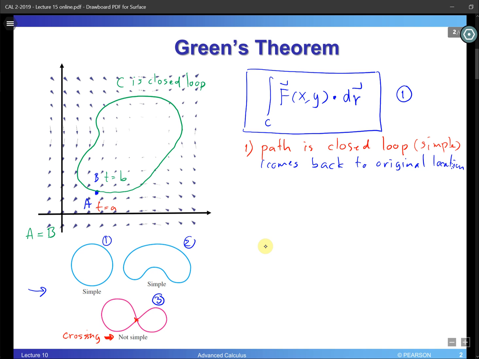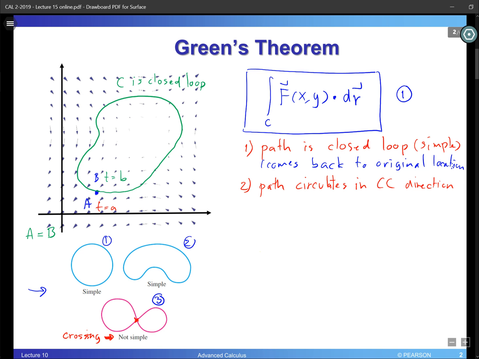Alright, number 2, the condition that we have to meet in order to use Green's theorem is that the path circulates in counterclockwise direction.